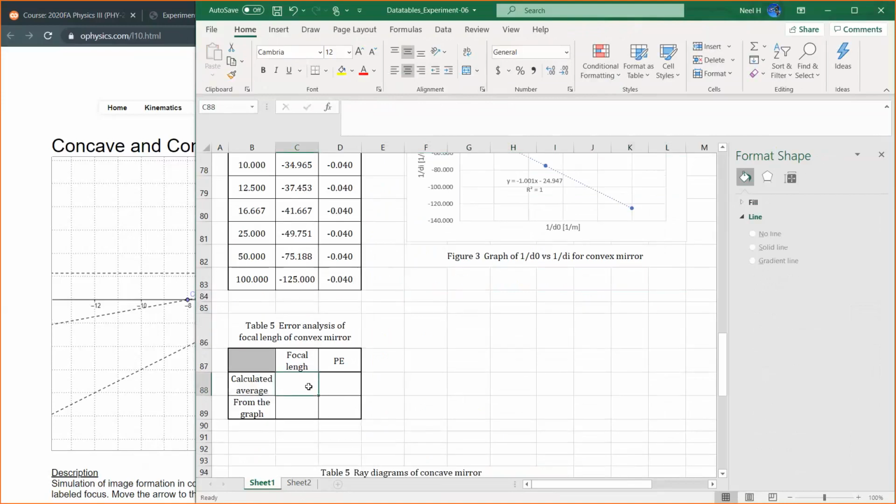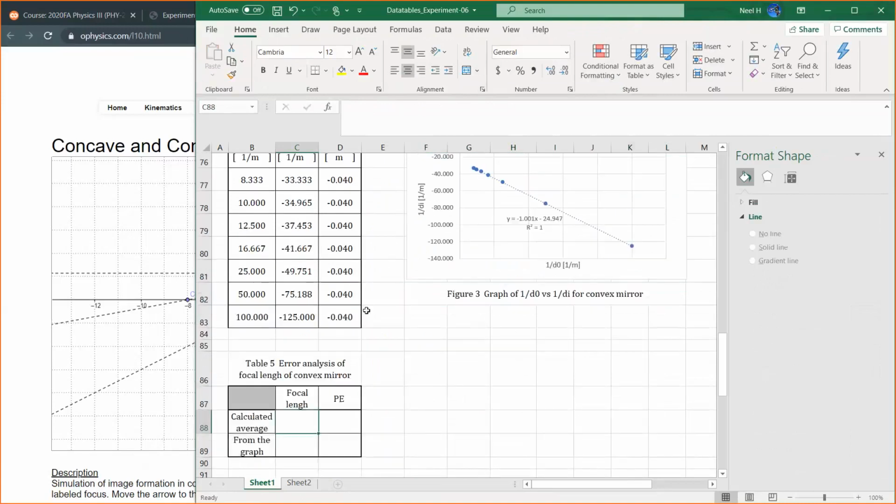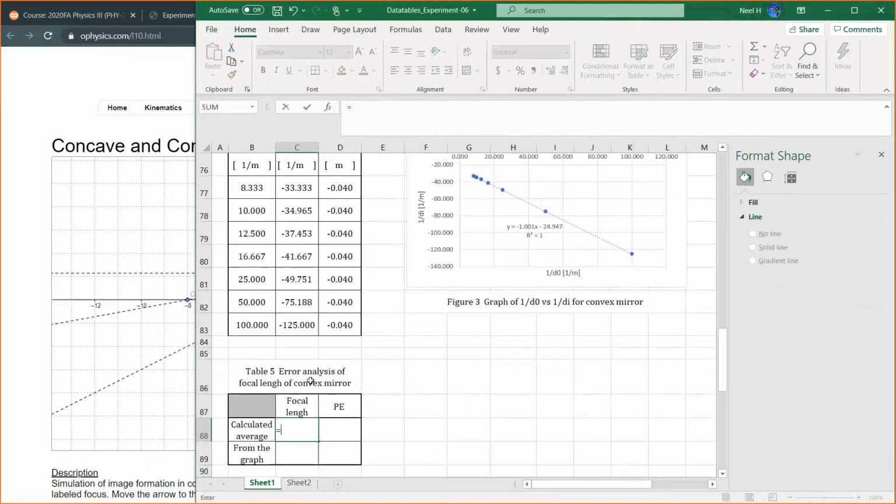Focal length. We now calculate the average, equal sign AVERAGE. We already calculated the earlier table. We just need to get the average of that column number D on table 5. About the same.